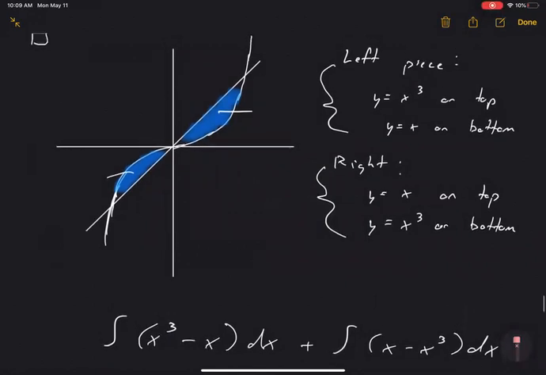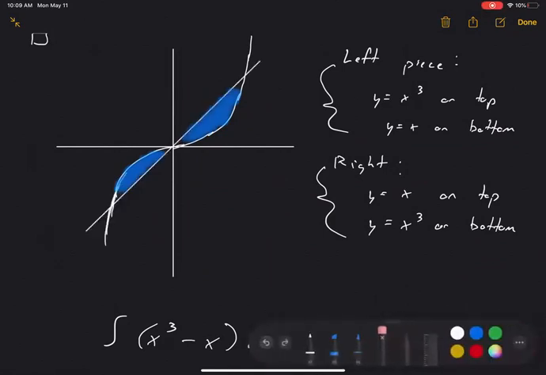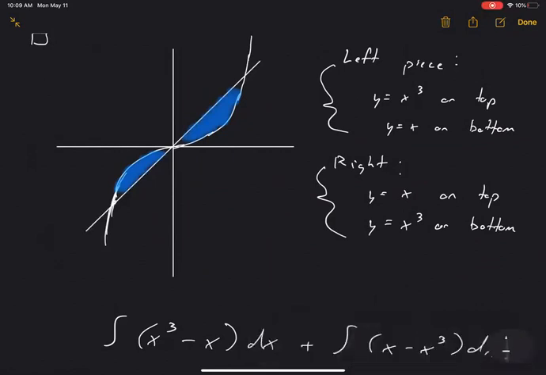Okay, so what are my bounds? And this is what I alluded to earlier. I want to show you why moving everything to one side of the equal sign is important, especially when we're dealing with polynomials. There are 3 points I need to find.